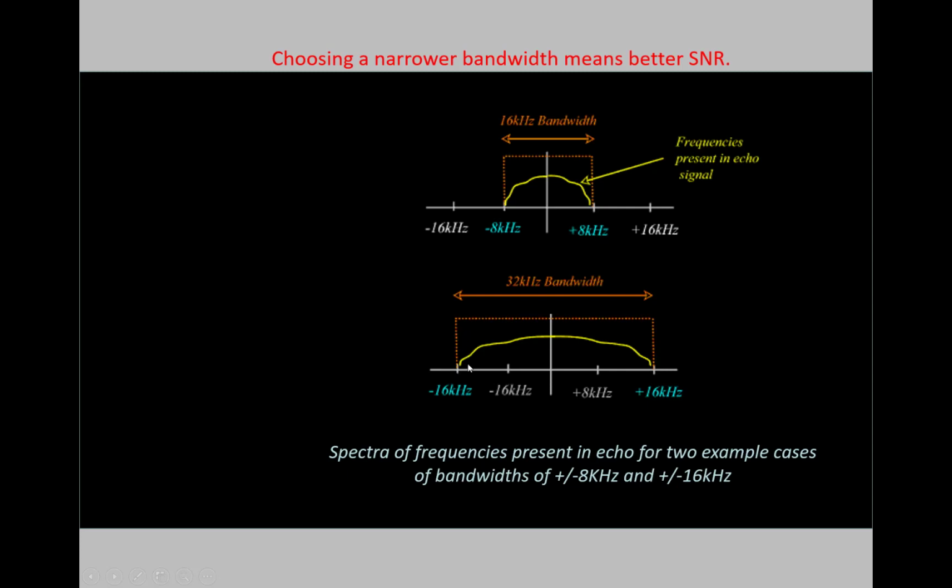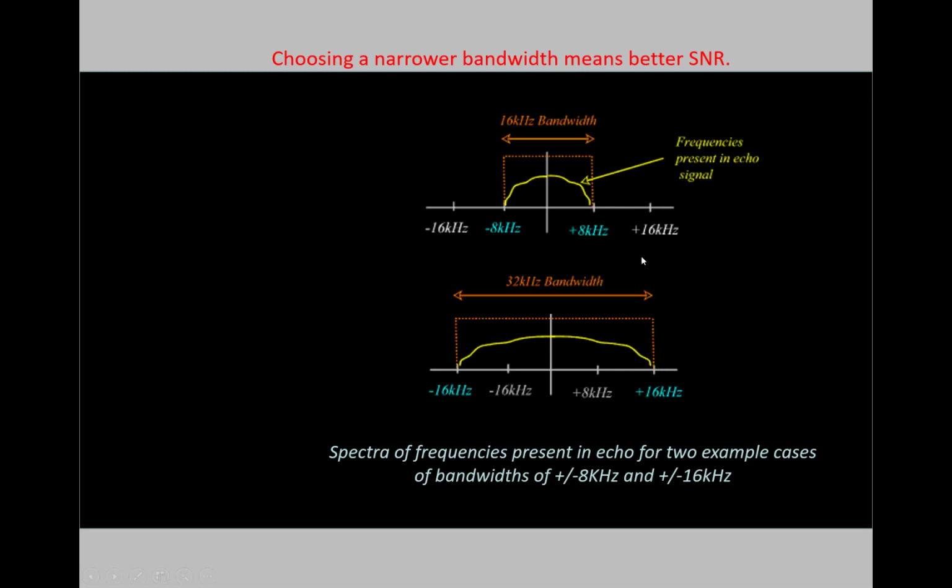So our signal, our echo decomposed into a spectrum, might look something like our yellow curve here in this instance. So you're trying to receive all the frequencies that are of interest in a given bandwidth setup.